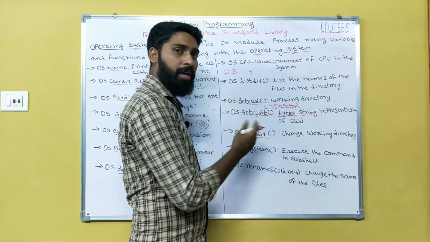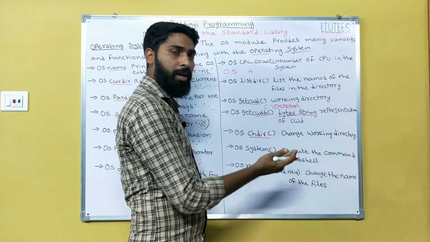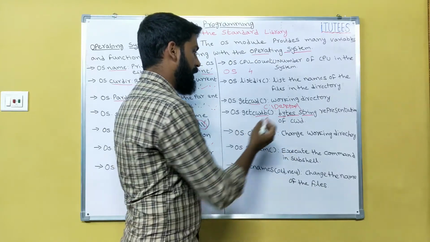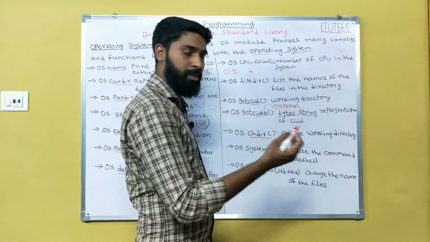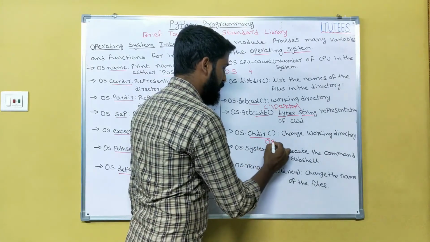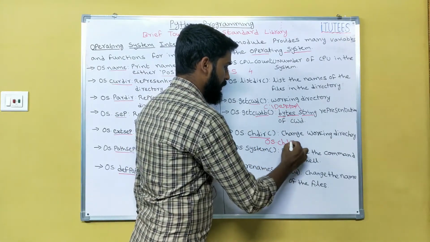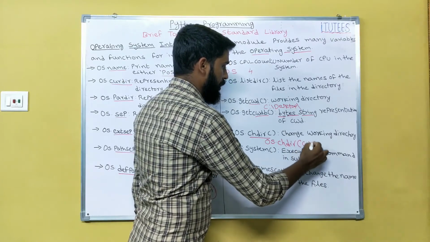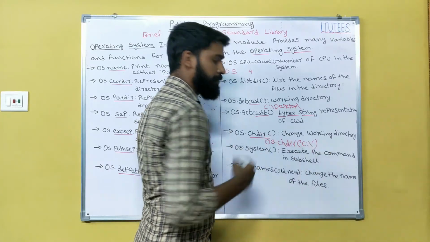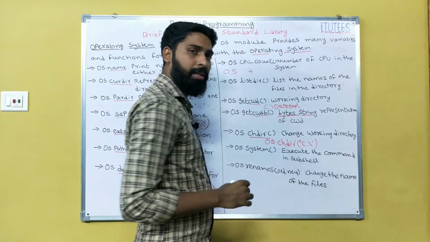We can change the current working directory from one directory to another. For example, I want to change from desktop to C drive. I write os.chdir C:/. That's it. Now the current working directory is C drive.